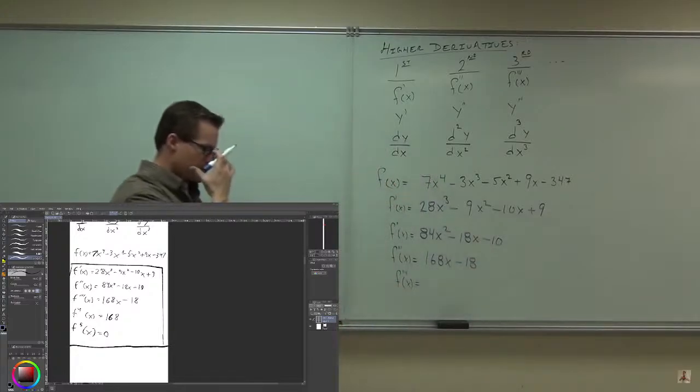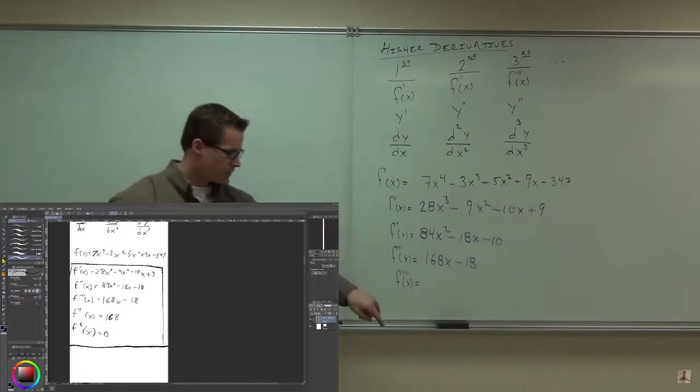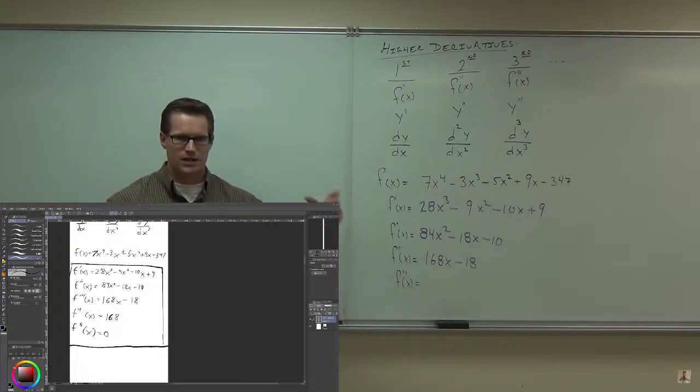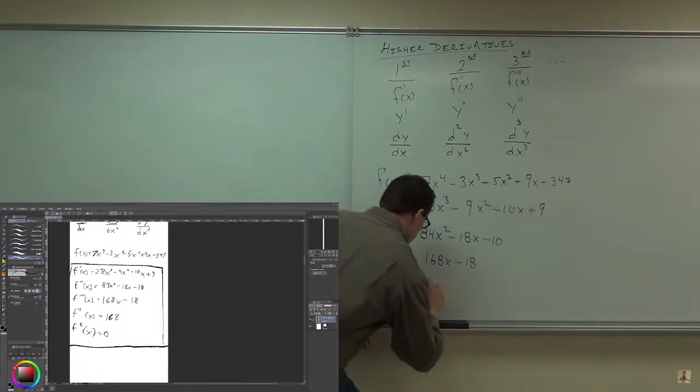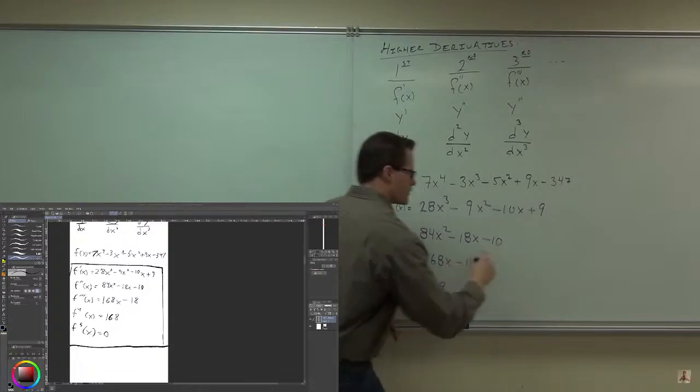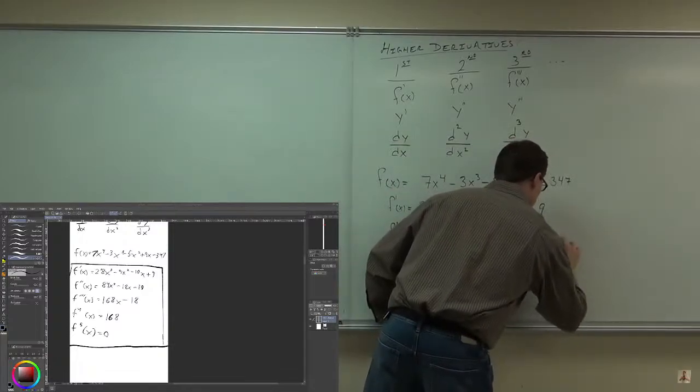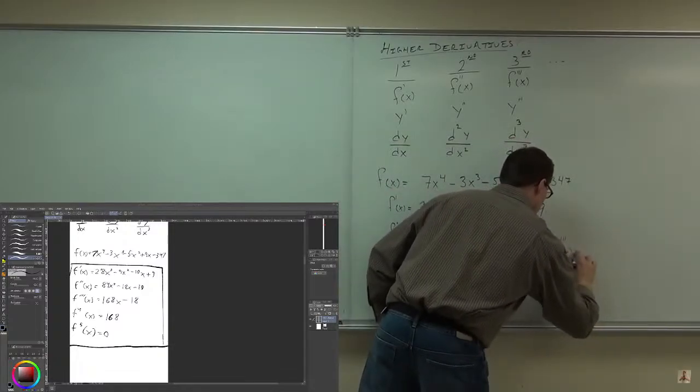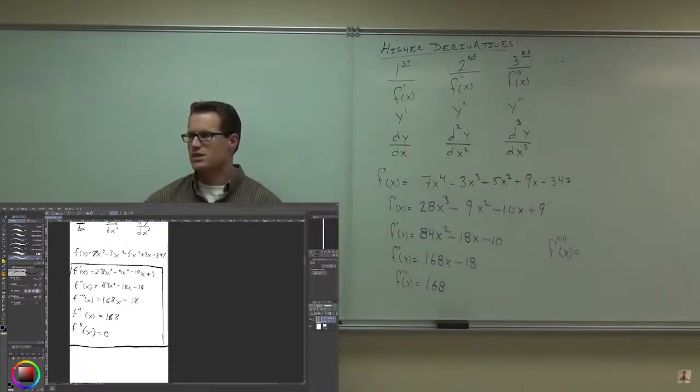Then we take the derivative again, and we're going to get 168x, and again that constant goes away. Let's do the fifth derivative. What's the derivative of 168? 0.